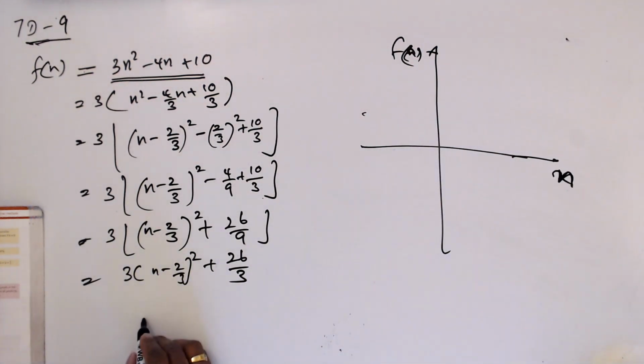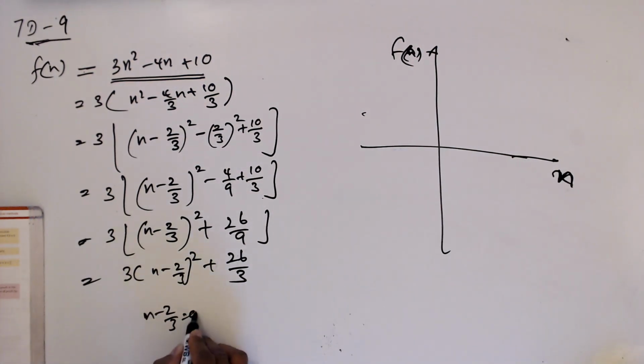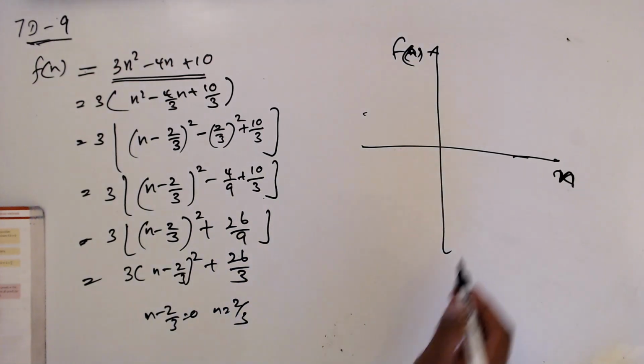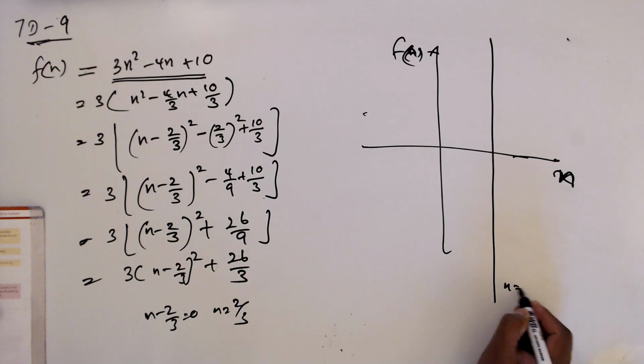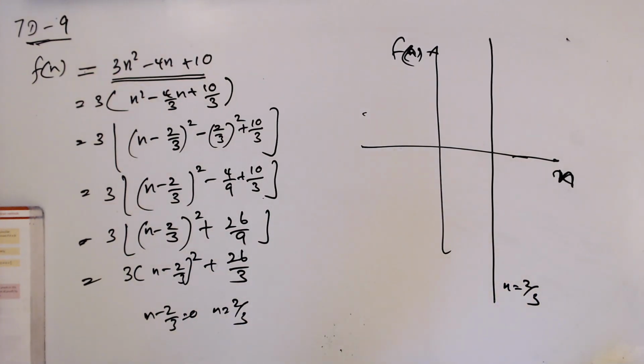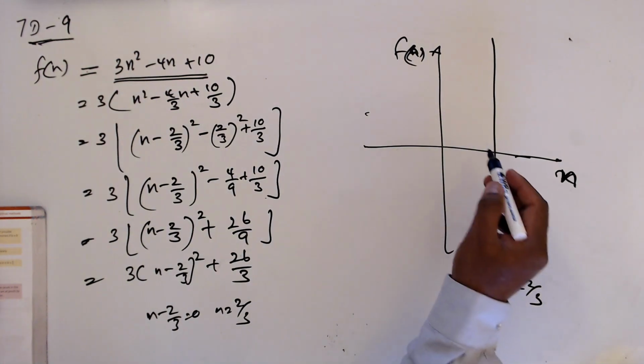Now n minus 2 over 3 equals 0, n equals 2 over 3. So n equals 2 over 3 is the line of symmetry. Then plus 26 over 3 is the minimum, because the squared value is positive.